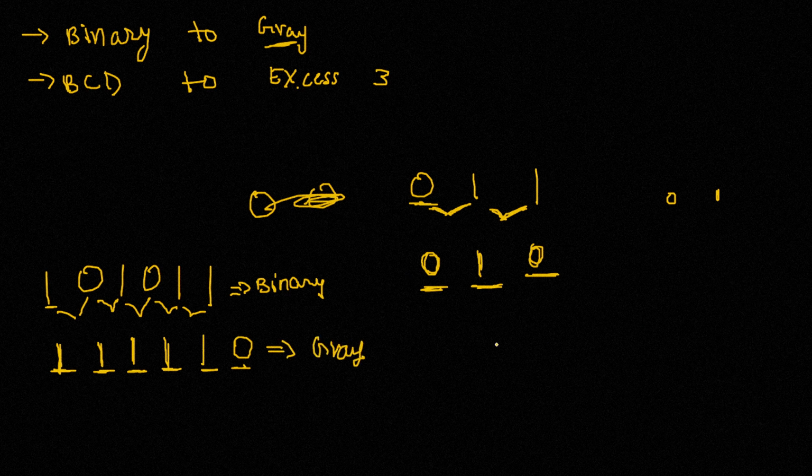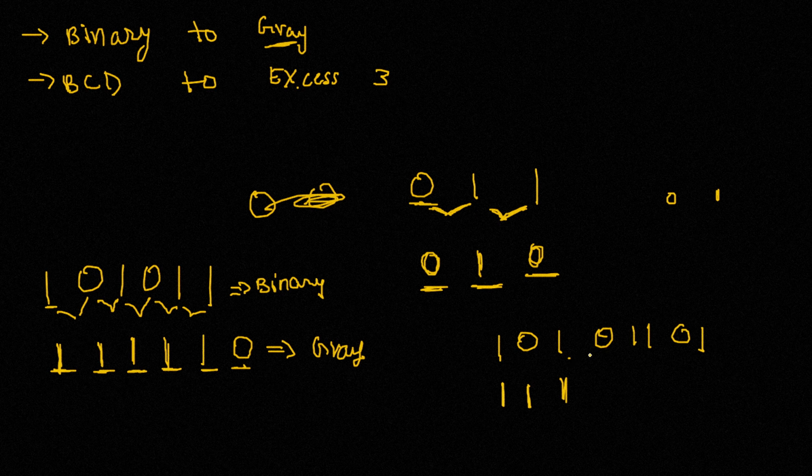Let's take one last example: 1 0 1 0 1 1 0 1. The most significant digit here is 1. Comparing the first two digits, 1 and 0, they are different, so we write 1. Then 0 and 1 are again different, so we write 1.